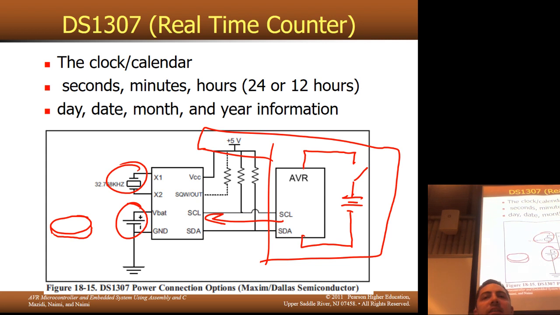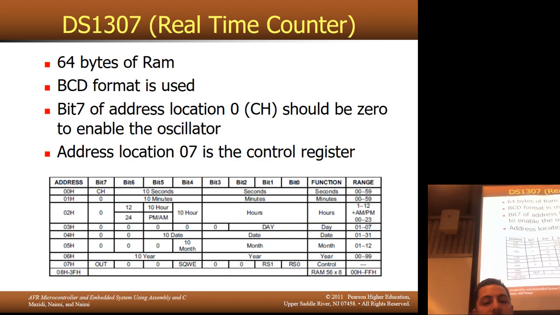Now, the way we access this is we treat it as if it was a memory device. We have a bunch of bytes that we can access. First thing I want to call to your attention is this hard line right down the middle. Everything is stored in binary coded decimal.